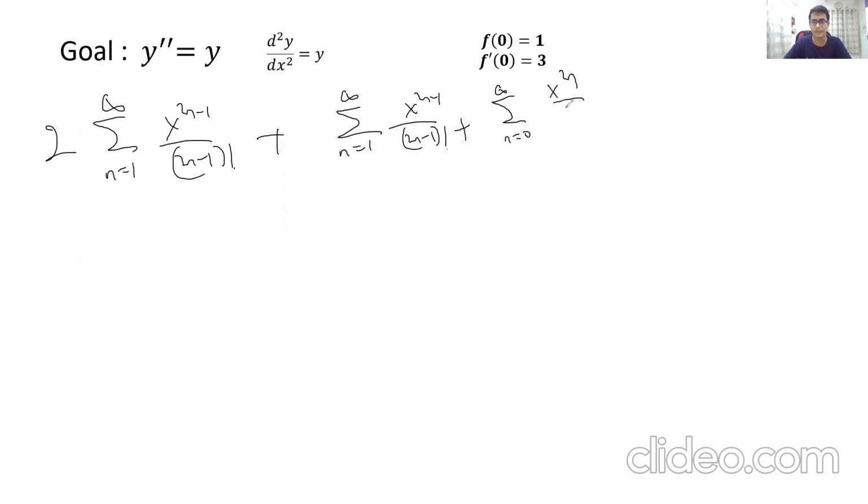Okay, so this is our function. Now we have to convert this into terms of e to the x and e to the minus x.